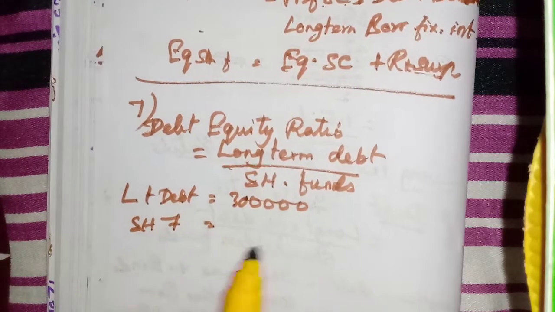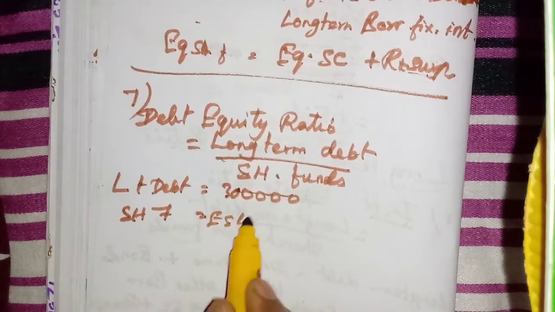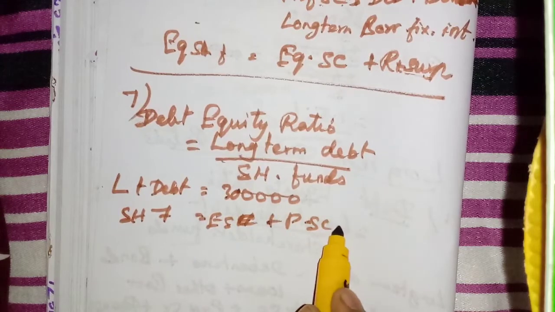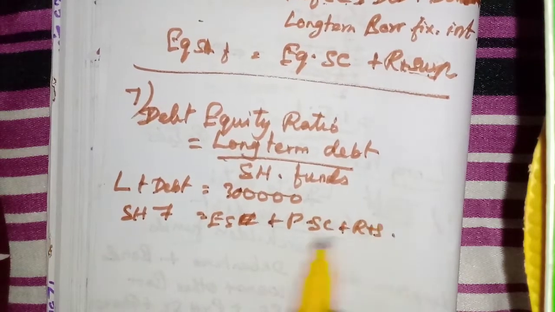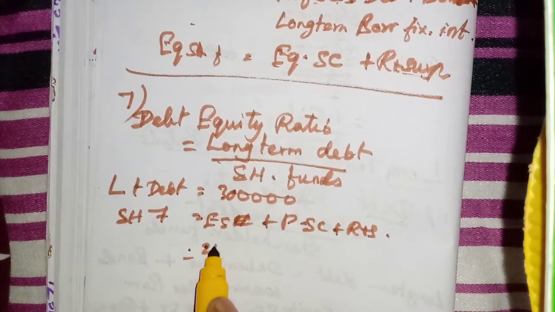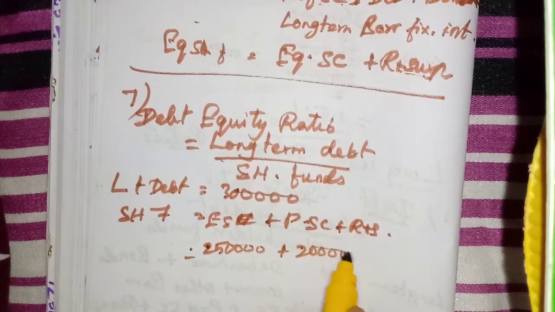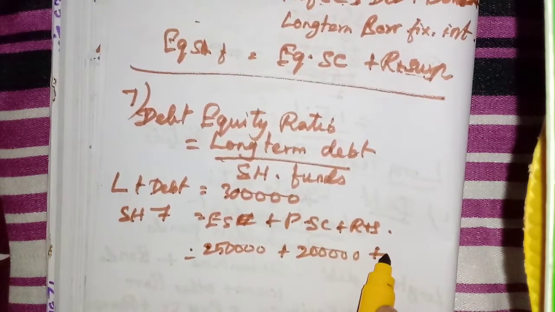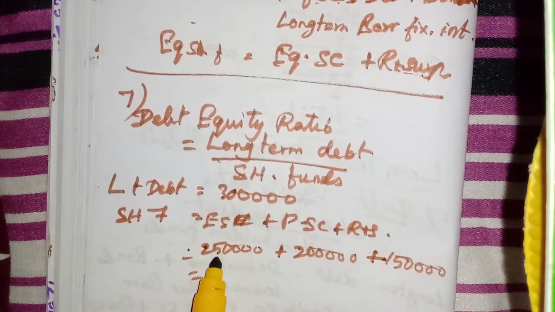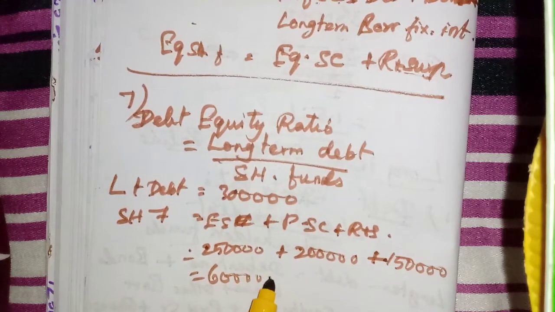Shareholders funds means what? Equity share capital, preference share capital plus reserves and surplus. Here equity share capital 2,50,000. Preference share capital 2 lakh. Reserves and surplus 1,50,000. So 2,50,000 and 1,50,000 is 4 lakh, 4 lakh plus 2 is 6 lakh.